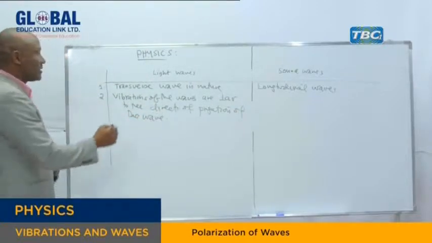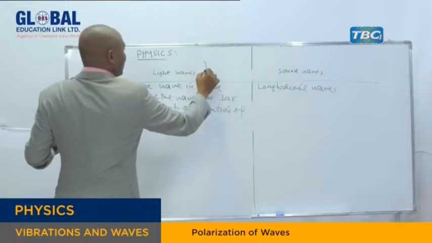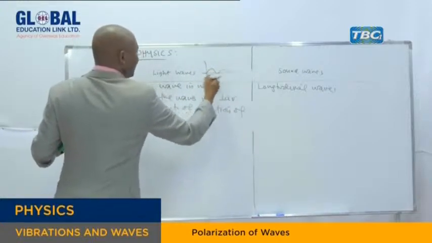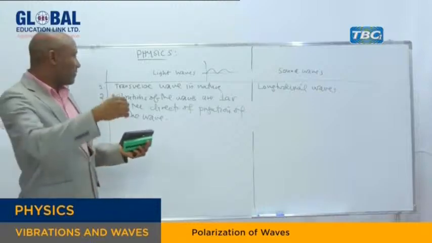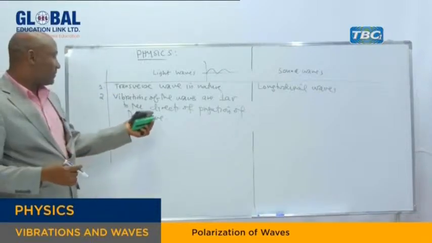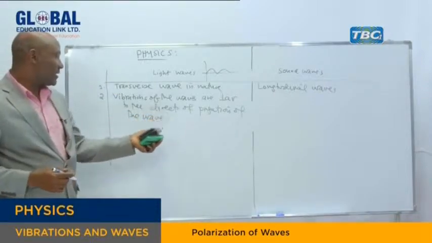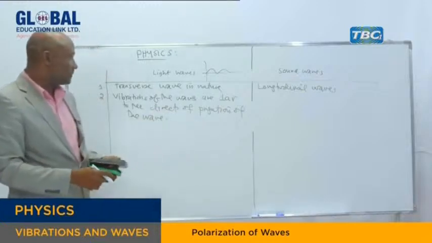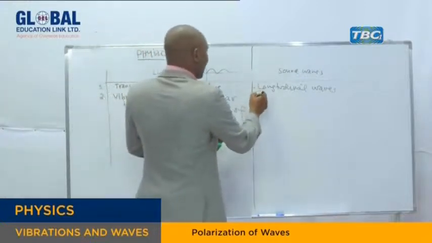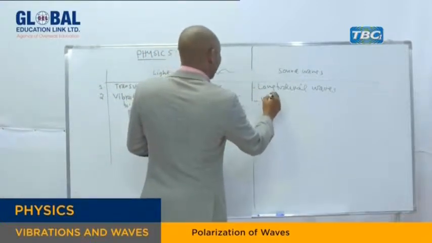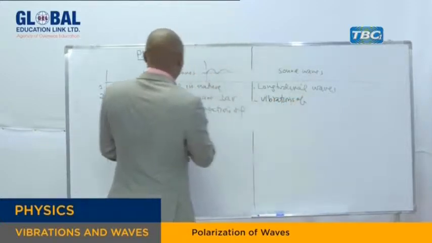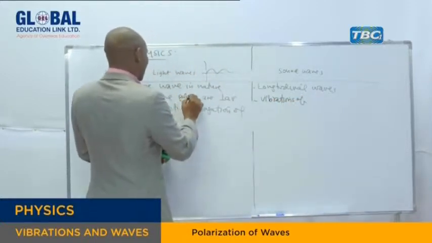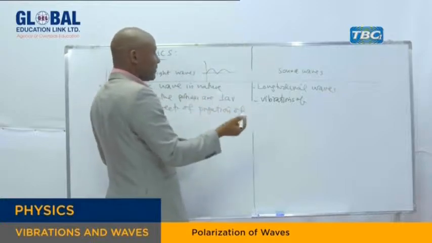Of course, remember we said they normally move like this. It has two components which are at right angles. So the particles move at 90 degrees to the way the waves propagate. But here, these are the vibrations of the particles, not the waves, the particles within the medium.